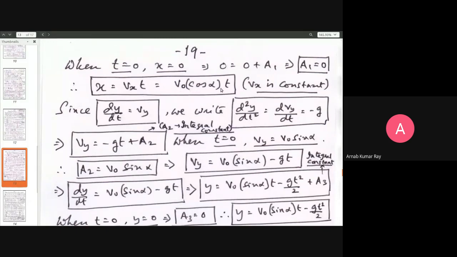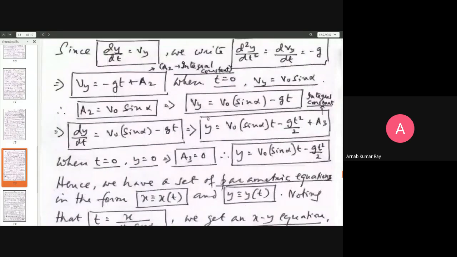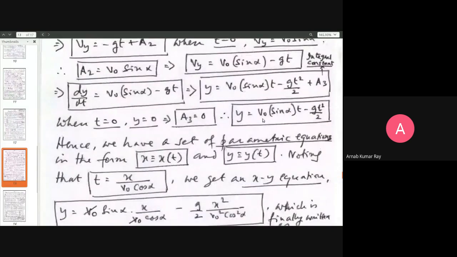So x is a linear function of t. y is a parabolic function of t. This is a parametric set of equations: x depends on t, y depends on t. If we can now eliminate t, then we can get an equation directly in terms of x and y.